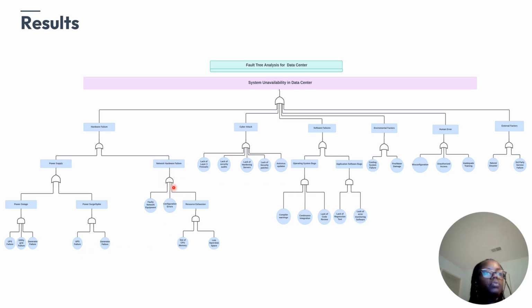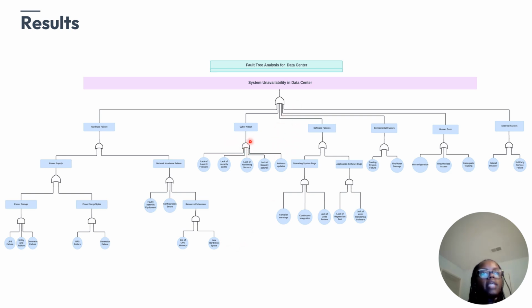For the network hardware failure, we had the failure of network equipment that was identified, the construction error, and the resource exhaustion. Resource exhaustion in the network was further broken down to be a result of having out of CPU memory and low hard disk space.